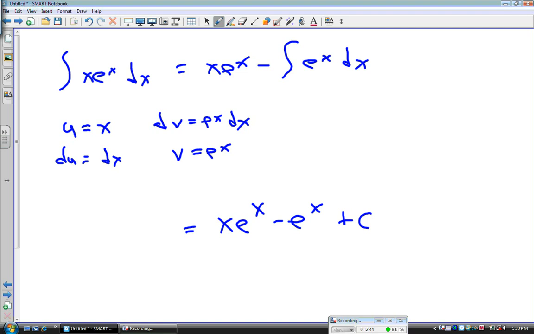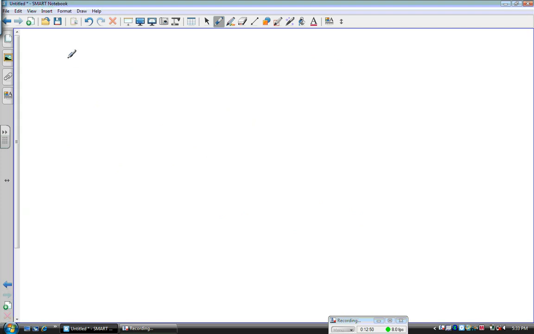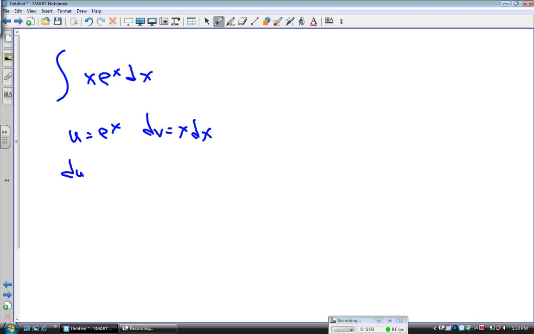Now be careful the way you pick. Here's slide 17. What if we picked u the other way? What if we made u equal to e to the x? This is the same problem. If u is e to the x, then dv is all the rest. And so du is e to the x dx, and v is x squared over 2.